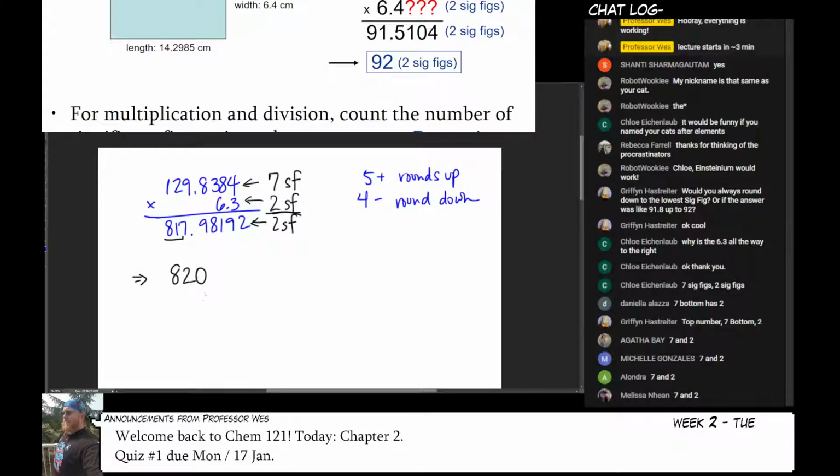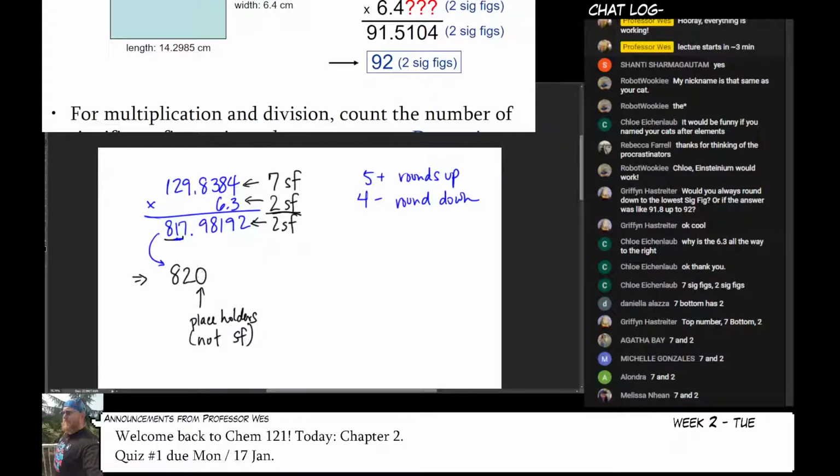So remember that placeholders are not sig figs, and you may have to add placeholders to get the correct magnitude, right? 817 rounded to the tens place is 820, and that checks out. What it is not is 82. 82 is not how you round 817 to the tens place, okay?